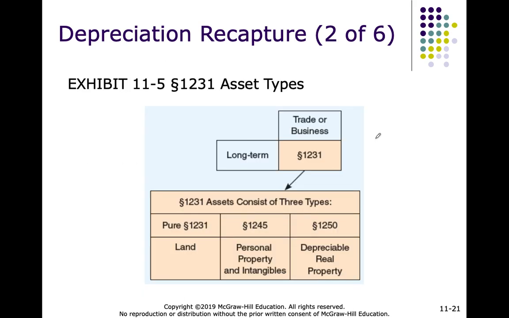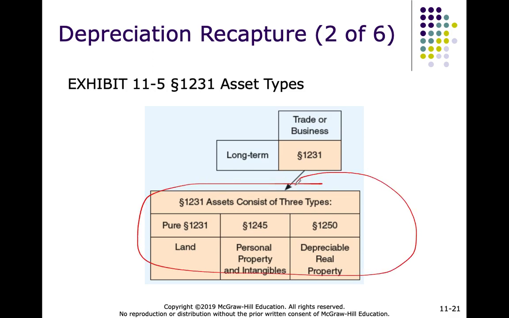Let me just skip ahead, because a picture is worth 1,000 words. Here we see long-term trade or business assets. They're held longer than a year. All of these assets are 1231.